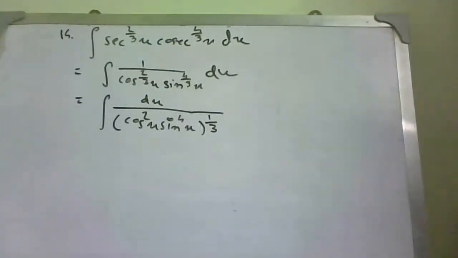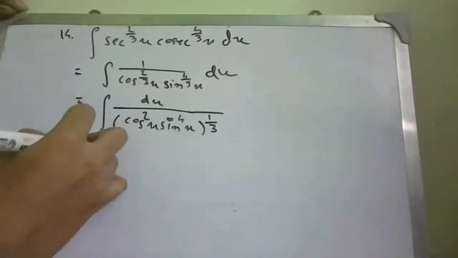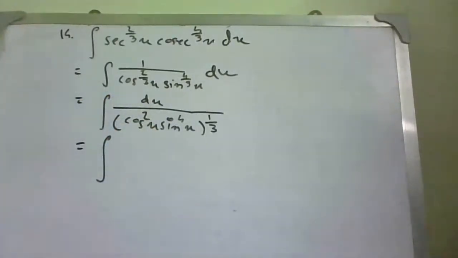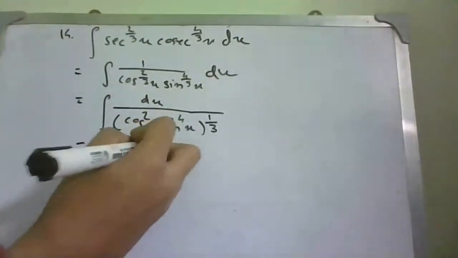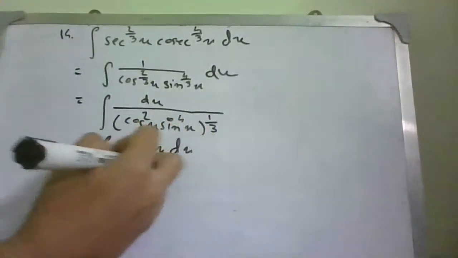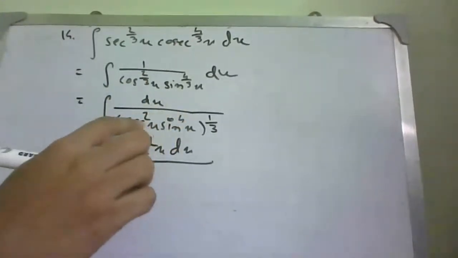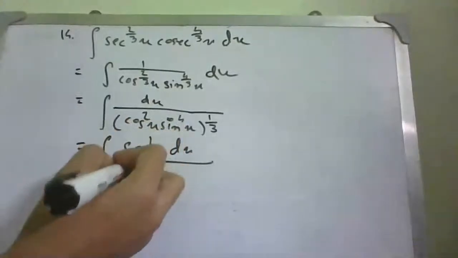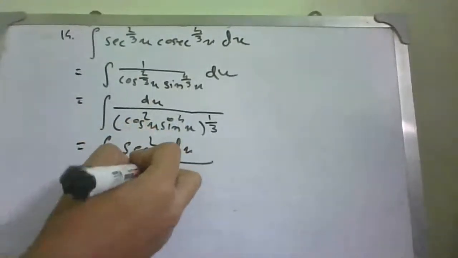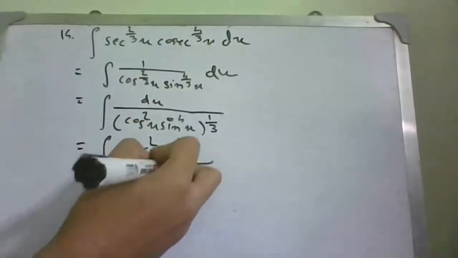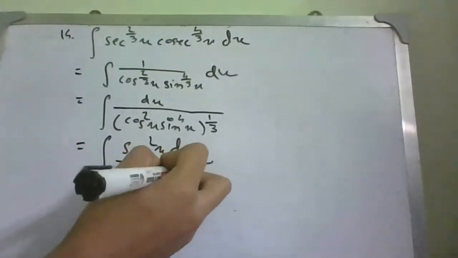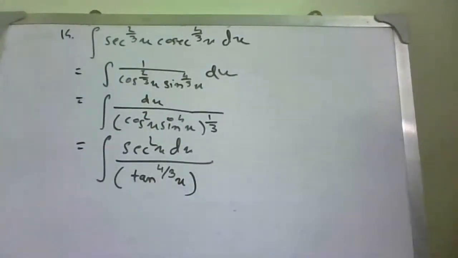Now what if we divide the numerator and the denominator by cos square x? This will be sec square x dx, and if the cos square x enters this thing, then this will be cos 6x. So this will be basically tan to the power 4 by 3 x. Yes, we're done.